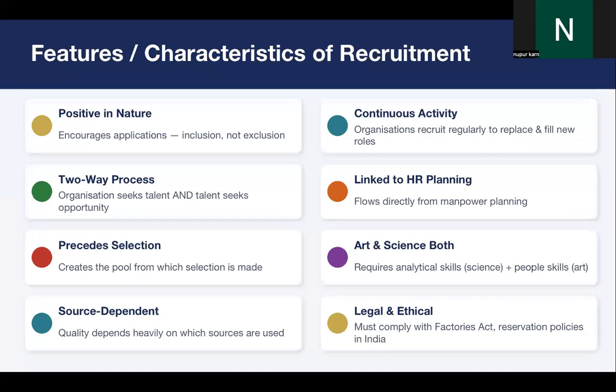Now we will see the features and characteristics of recruitment. Recruitment is positive in nature. It means that we encourage applicants to apply for the job. Like we post our job on the job portal so that it can be visible to all prospective candidates, and they can apply for that job.